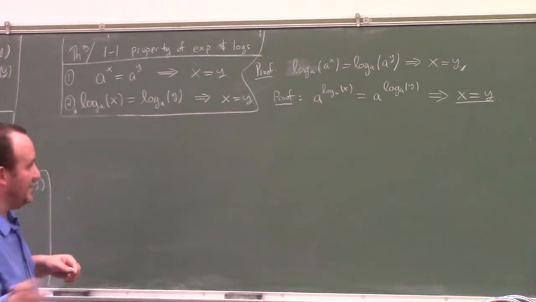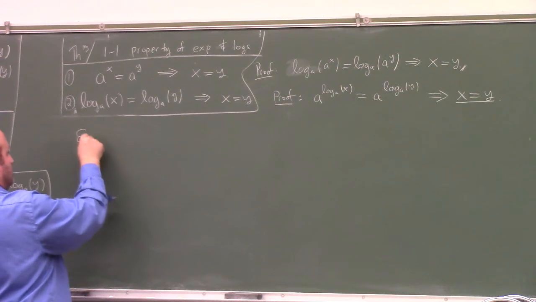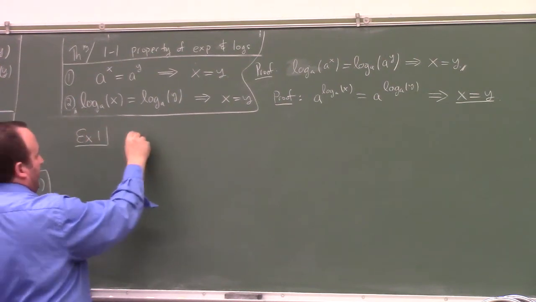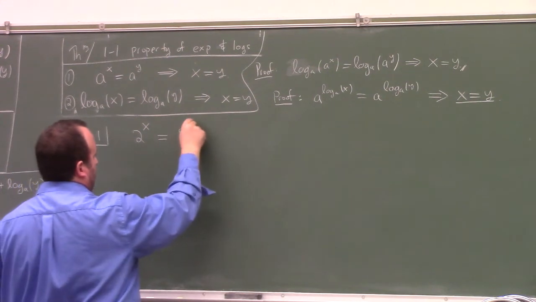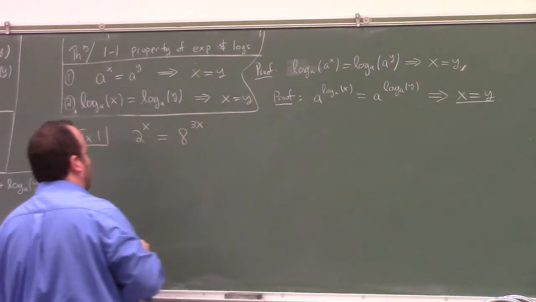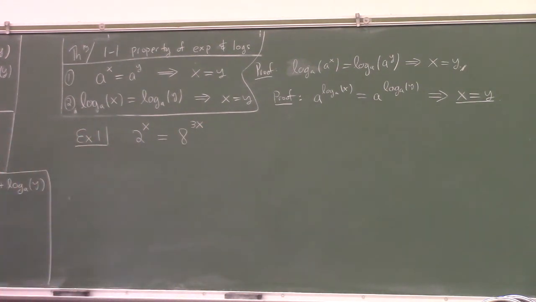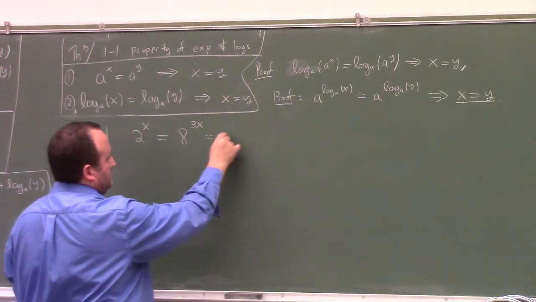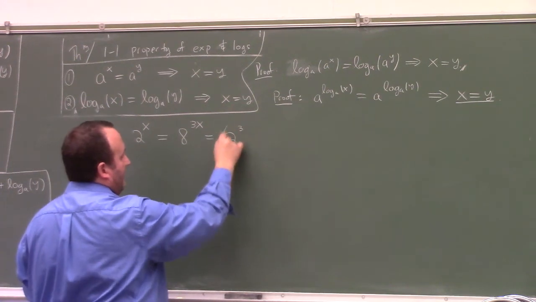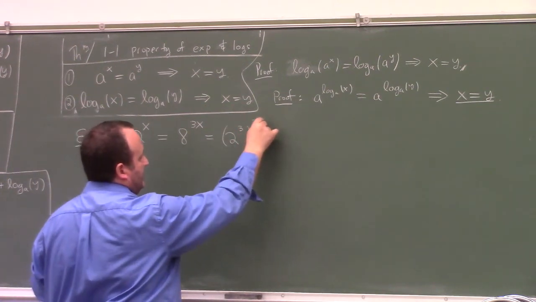I'll start out with some easy examples. If I have 2 to the x equals 8 to the 3x, you're like, well, it's not as easy as it could possibly be. That's true. But can you convert 8 to the 3x to a power of 2? That's 2 cubed, to the 3x.